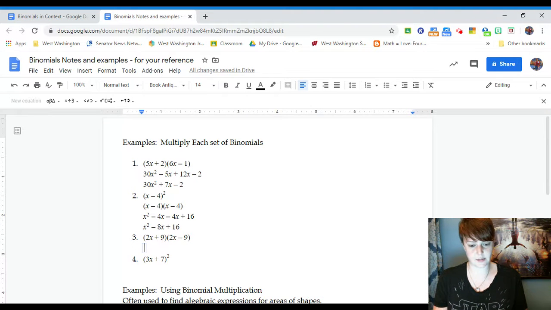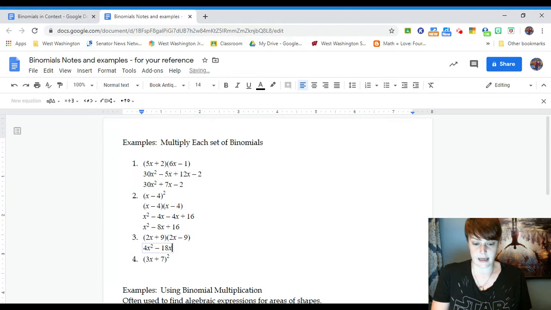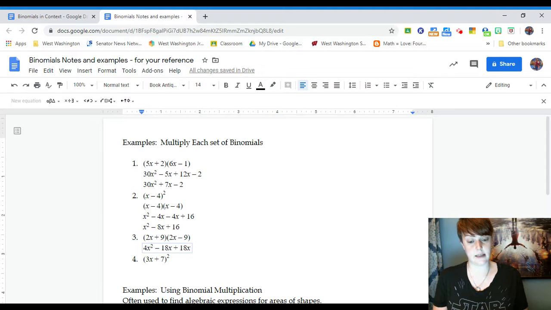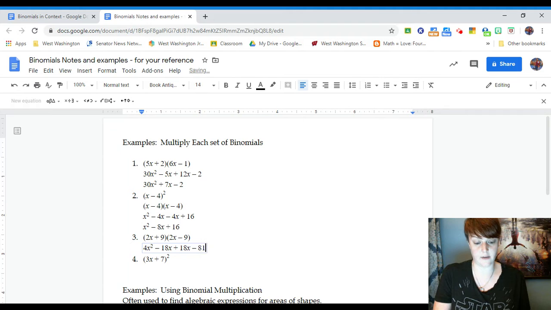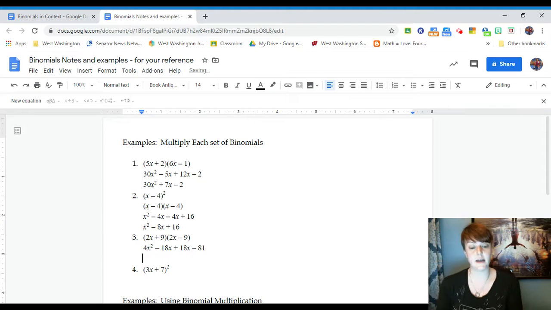So again, we're going to multiply the two first terms. So 2x times 2x is 4x squared. And then 2x times negative 9 is negative 18x. And then positive 9 times 2x is plus 18x. And 9 times negative 9 is negative 81. Now looking here, we do have a negative 18x and a positive 18x.